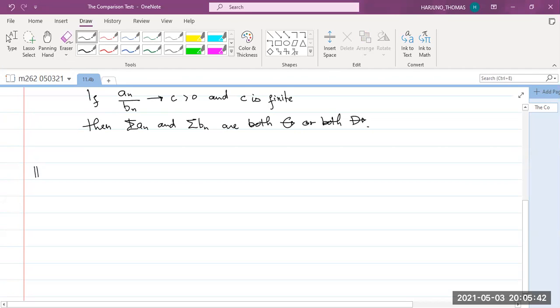Let me randomly pick number 15, for example. Okay, the series from 1 to infinity of 4 to the n plus 1 over 3 to the n minus 2.